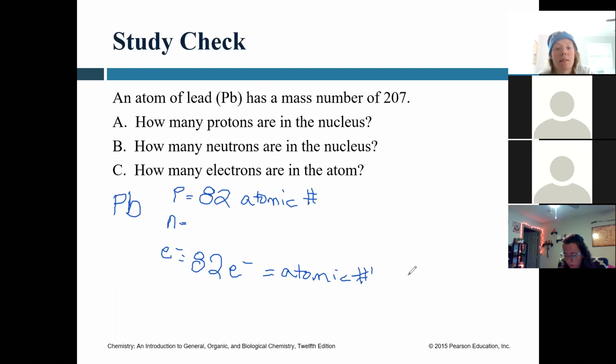Now neutrons are going to equal your atomic mass minus your atomic number. Sorry, atomic number. So we're going to take the 207. We're going to subtract the atomic number, which is 82.